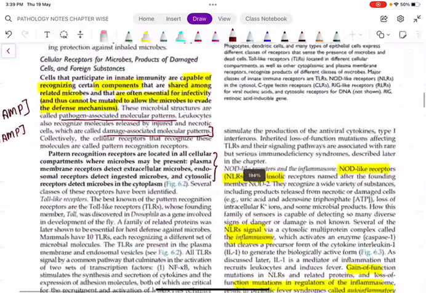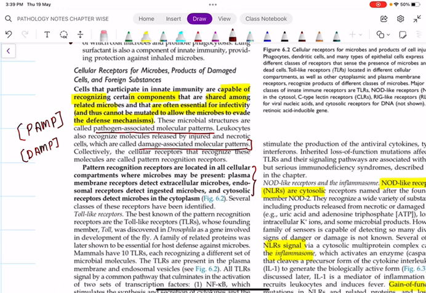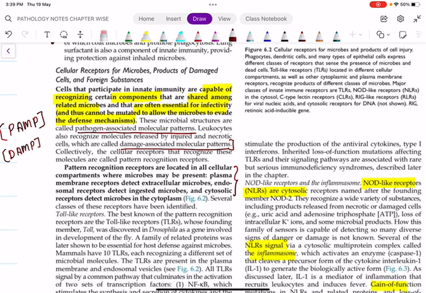Now, this innate immunity, what is their major function? They are the first line of defense. So how do they identify the microbe? They identify the microbe with some patterns. Each microbe has some patterns, and these patterns are called pathogen associated molecular patterns.